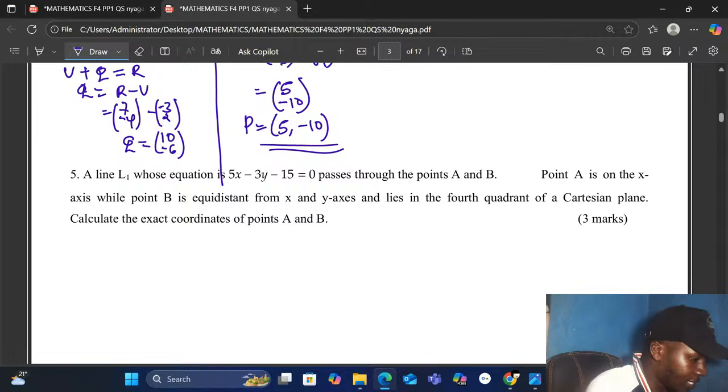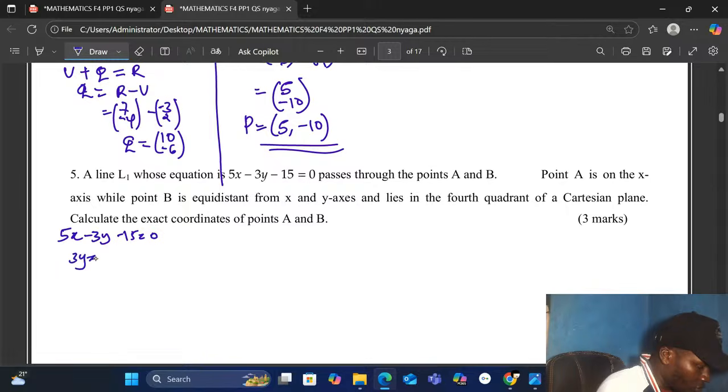The exact coordinates. So the equation that we are given here is 5x minus 3y minus 15 equals 0. So we find the value of y. We can say that 3y is equal to 5x minus 15. That is in terms of y.